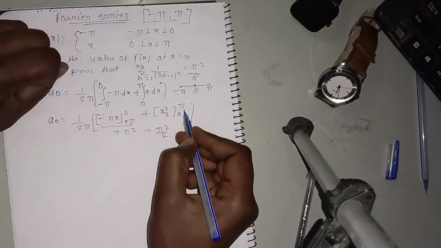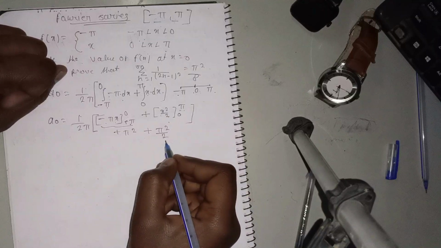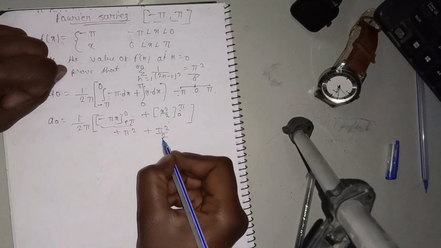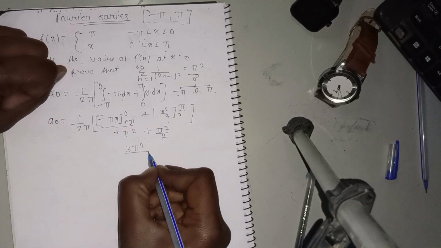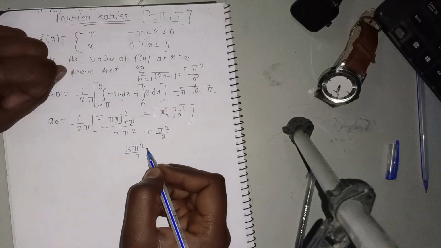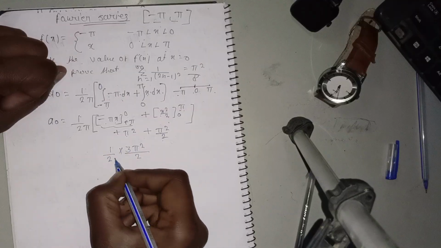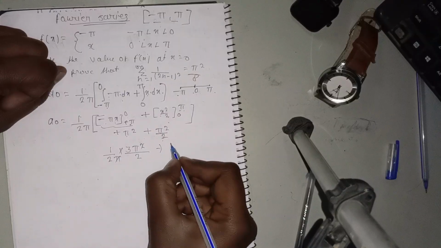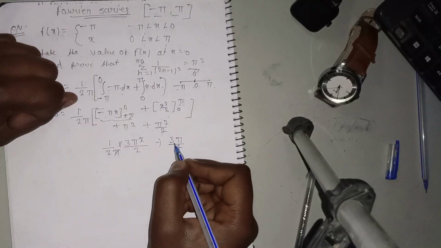Pi square by 2 minus 0 by 2 doesn't mean anything. So here I can write 2 pi square plus pi square, 3 pi square by 2, into 1 upon 2 pi. Okay, this and this cancel, and 3 pi by 4.